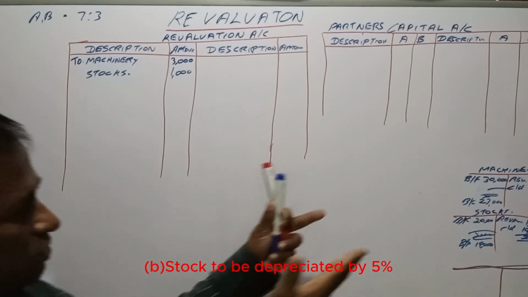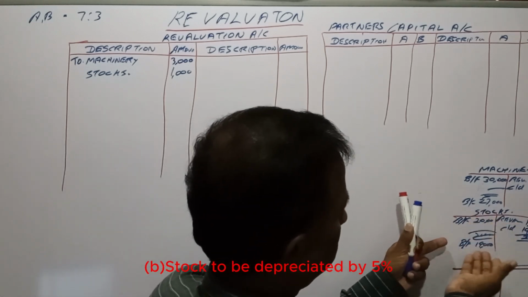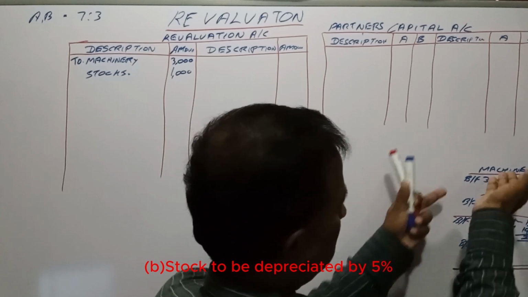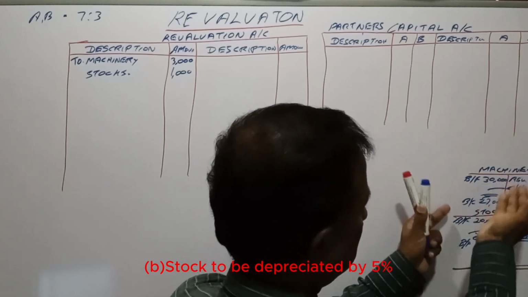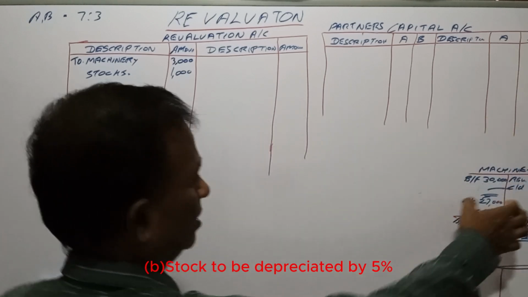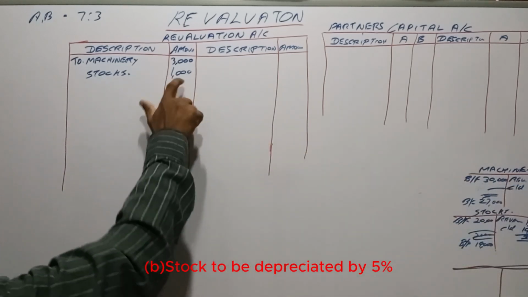The value of the stocks has decreased from 20,000 to 19,000. Machinery has decreased from 30,000 to 27,000. The difference is charged to revaluation account.